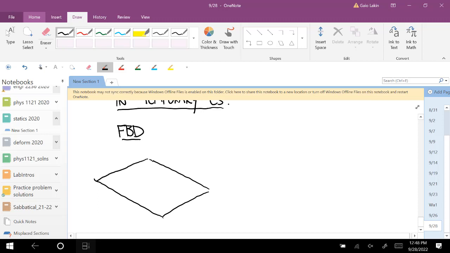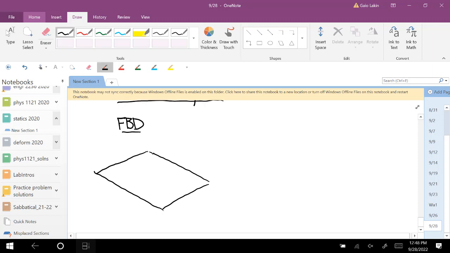I'm not going to worry about the details too much on this. So now what loads are applied? Well, we know we have a cable force, T. We have a weight force that's acting somewhere out farther than the middle of that rectangle.